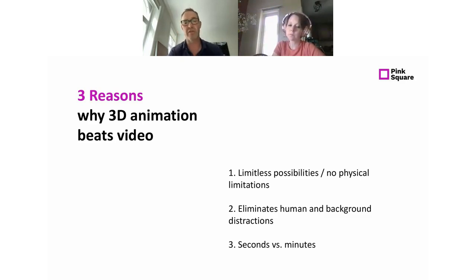You can show stuff that physically isn't possible with live video. And also, you don't have human beings or hands or what people look like or background distractions, or whatever the eye catches. So it becomes very, very focused. And very often you can communicate in seconds what takes minutes with video.